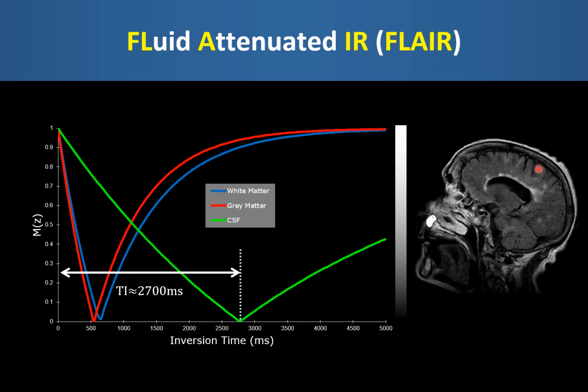Since this is a T2 weighted brain image, we would have expected the CSF signal in the ventricle to appear very bright. However, due to this inversion recovery preparation, the CSF signal is suppressed, and therefore we can now clearly see these periventricular white matter changes.